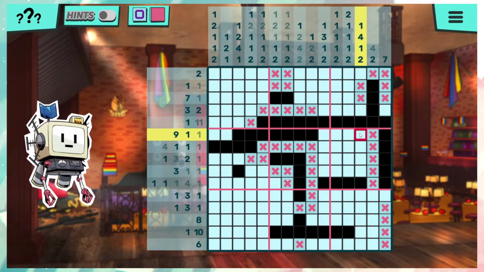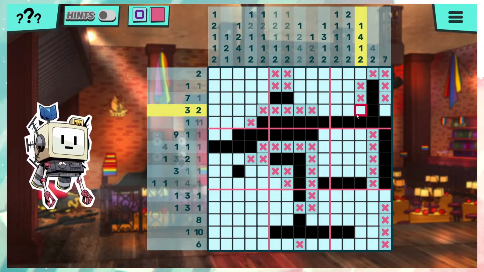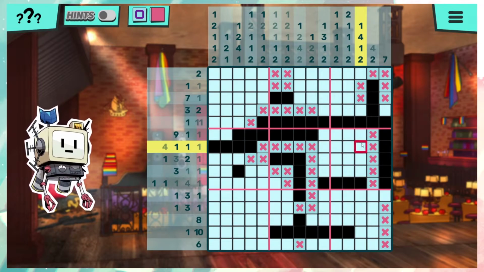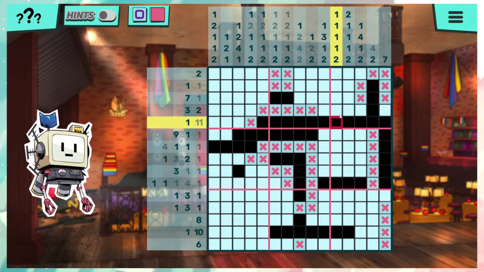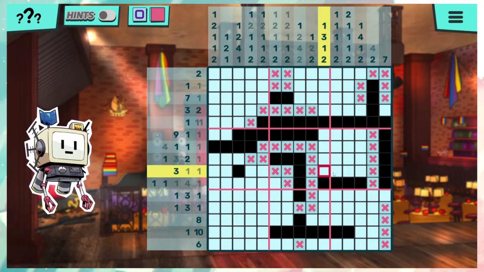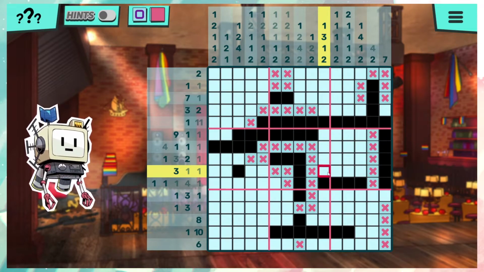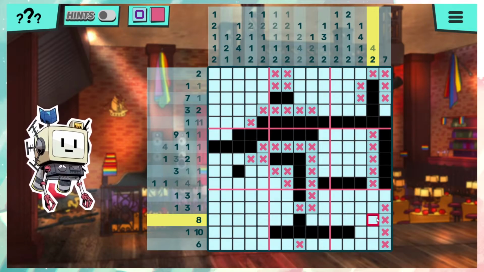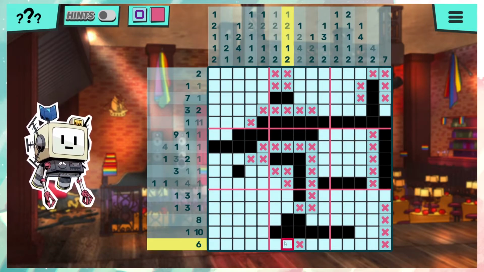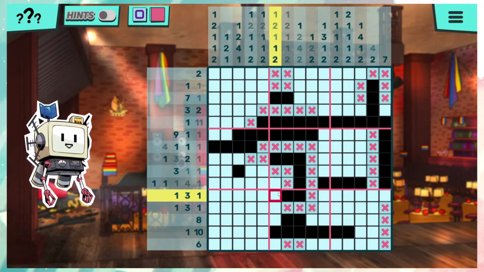Because 1x, 1, 2, wait, hold on. If this is the 1, for example, 1, 2, 3, 4, x, 1, x, 1, 2. Totally could fit. Oh, boy. Give me a second. Okay, I took a tiny baby step forward. I just counted from here and then filled this in, so therefore we can fill that in.